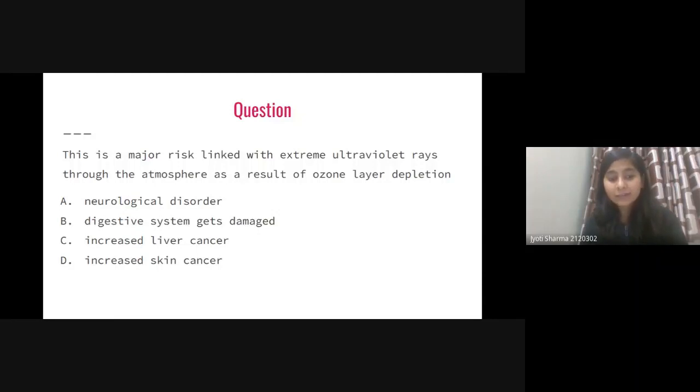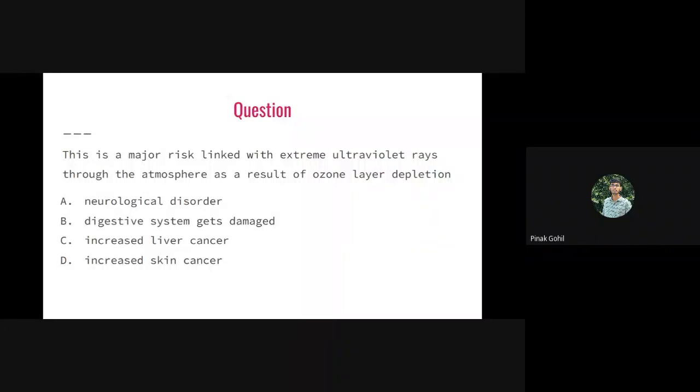What do you mean by that? Have you read about this SPF whenever you bought some sunscreen? Yes, Pinak, you were saying something. I'm not sure, but I'm just guessing skin protection frequency.